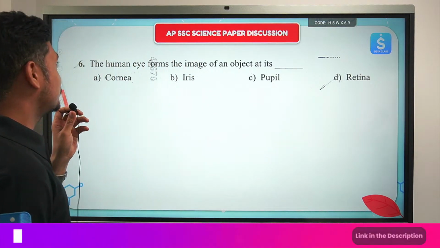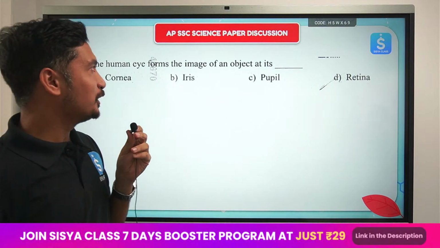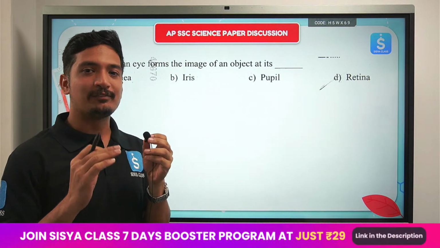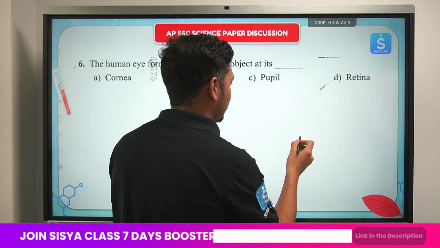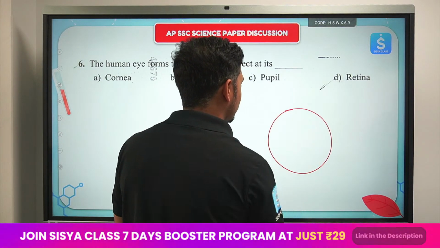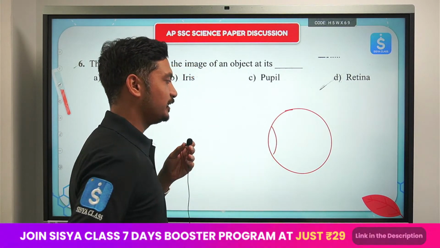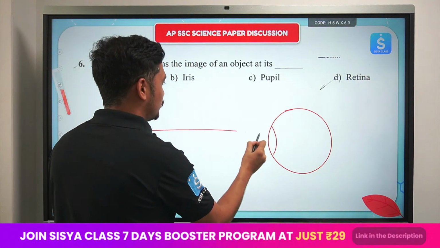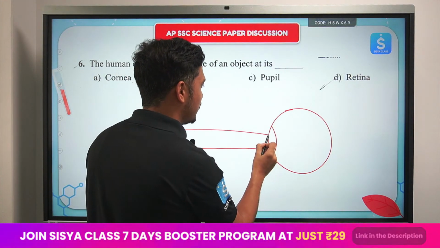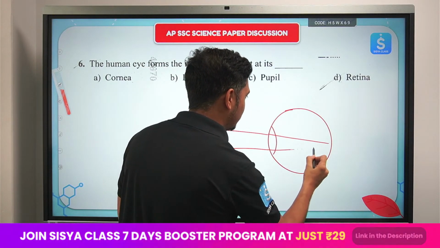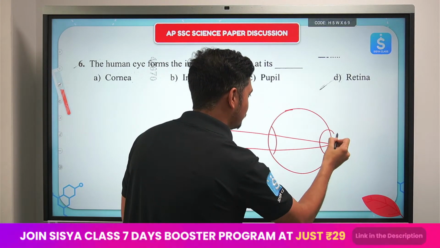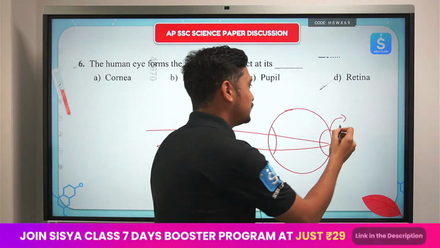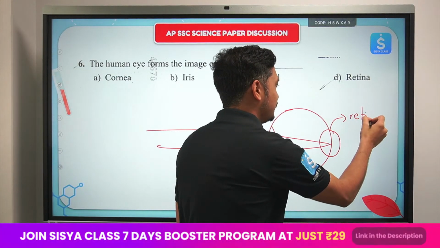So question number 6, the human eye forms the image of an object at where. Okay, so let us try to have a quick revision of what actually it is. So if this is the human eye, and let's say that this is the cornea, right? When light of any object passes through it, it gets accumulated at this point, and this point is actually considered as a screen of the eye, which is also considered as the retina.